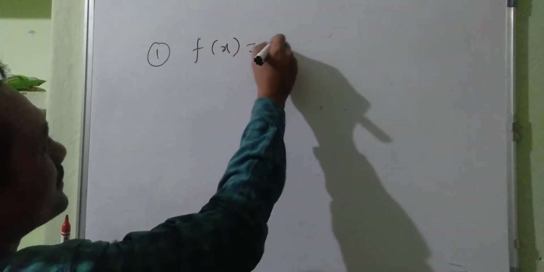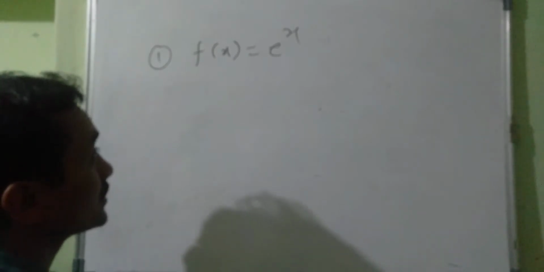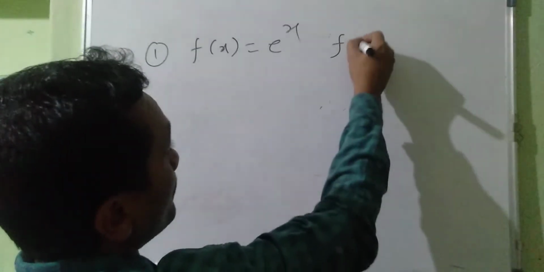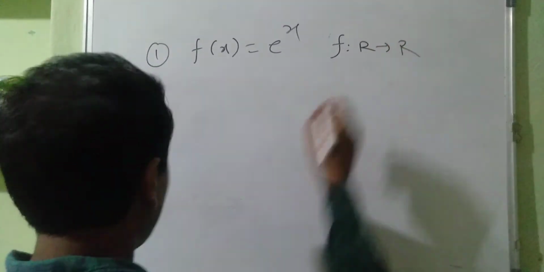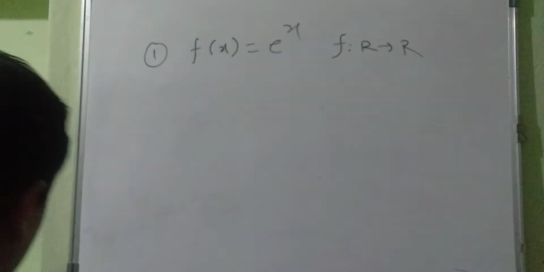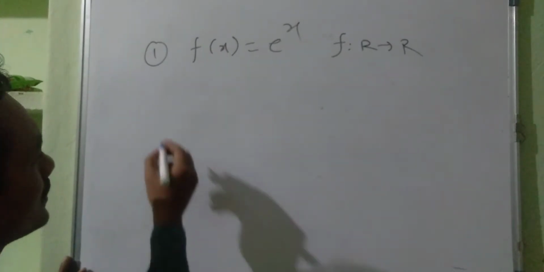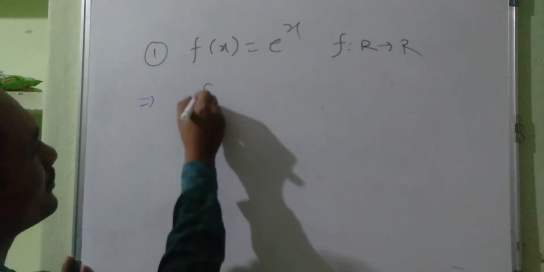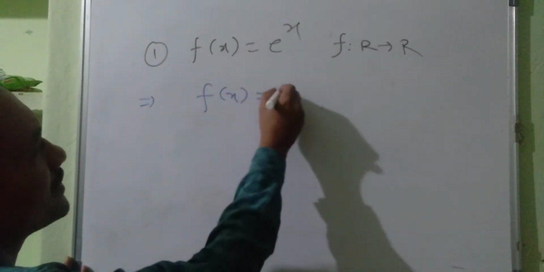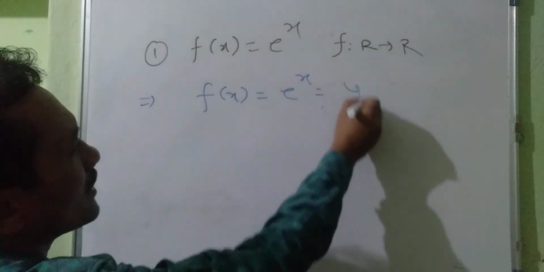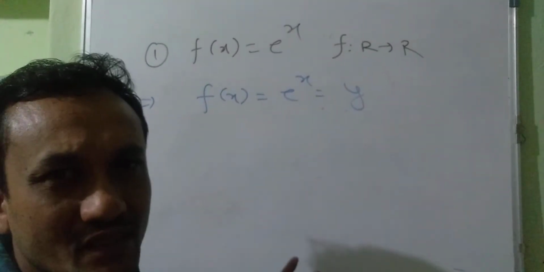We have checked it is 1-1. Now we will check for ontoness. This f is a mapping from R to R, real numbers to real numbers. What is f of x? f of x is e raised to x. Let us take this as y.